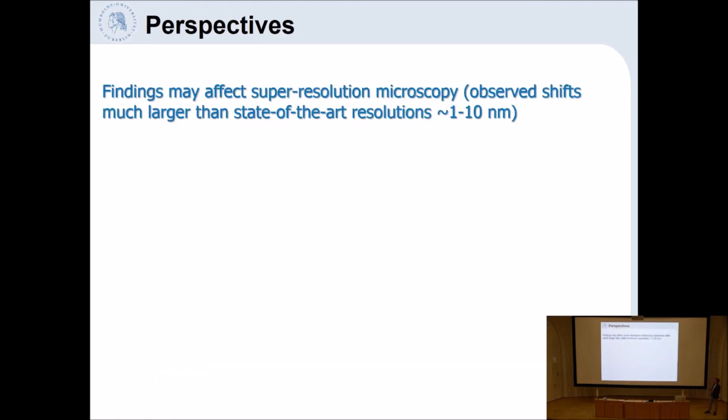So where can all this lead to? First of all, it's obvious in a sense that these findings may affect super resolution microscopy. At least when you do super resolution microscopy, it's good to be aware of this effect, because you have to make sure, if you want to reach the state-of-the-art resolutions, which go down to a nanometer and even below nowadays, okay, that your emitter does not emit any degree of ellipticity.